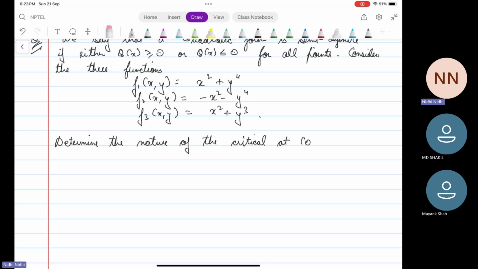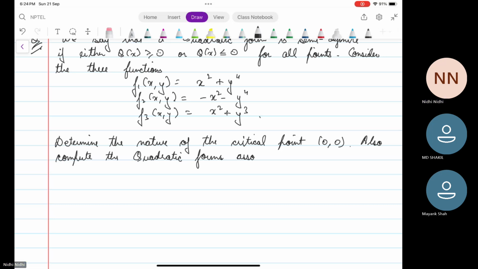Determine the nature of the critical point (0,0). Further, also compute the quadratic form associated to the Hessian of each of the functions.